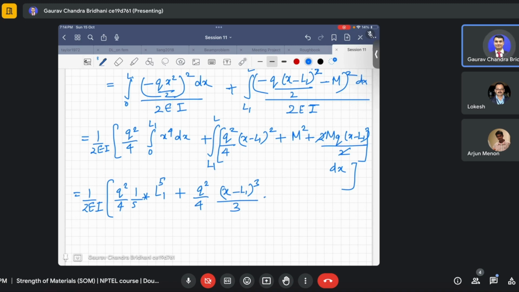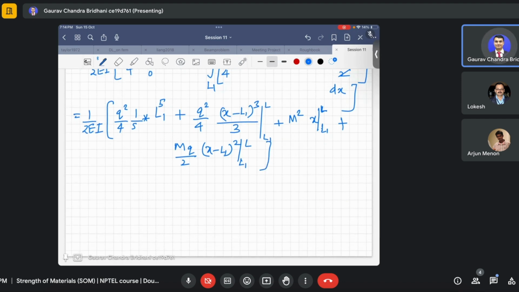For the other term, m square, if you integrate, it will become x. What I have missed here is the limits, L1 to L. Plus m square x from L1 to L, and plus m q by 2 into (x minus L1) whole square, from L1 to L. Let's open this and put the limits.